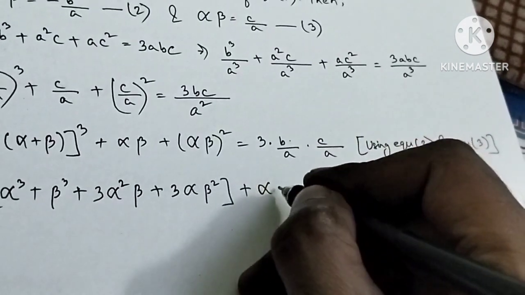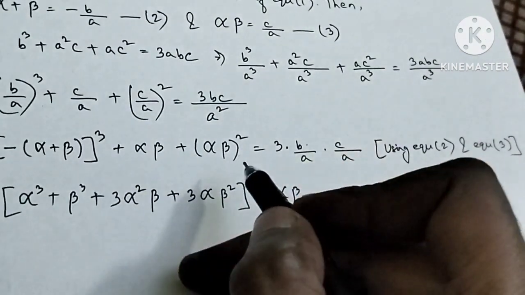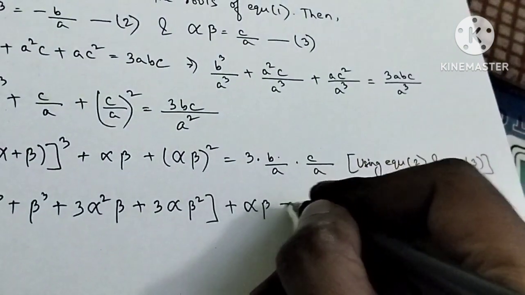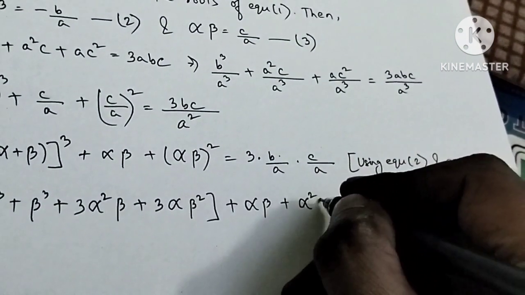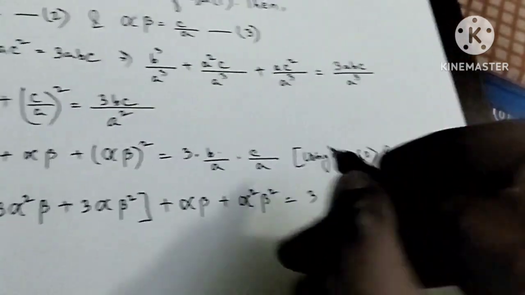Plus alpha beta plus alpha square beta square is equal to 3.